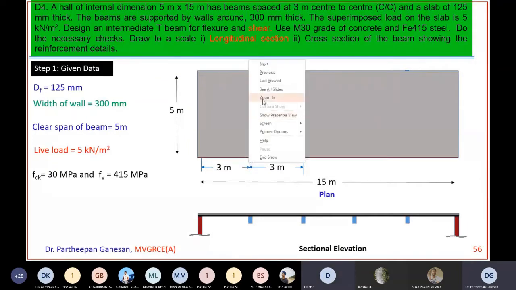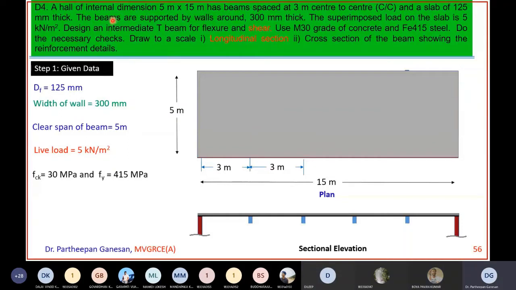The beam is resting on a brick wall, or on some column? Brick wall. So the beam is resting on the brick wall. That means it is a simply supported beam.